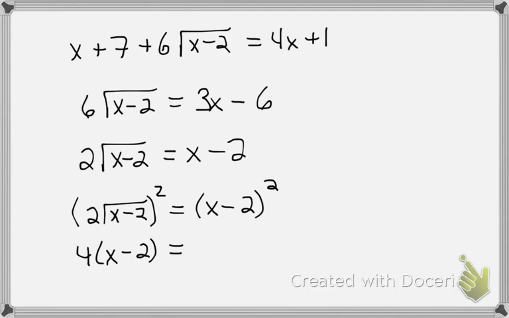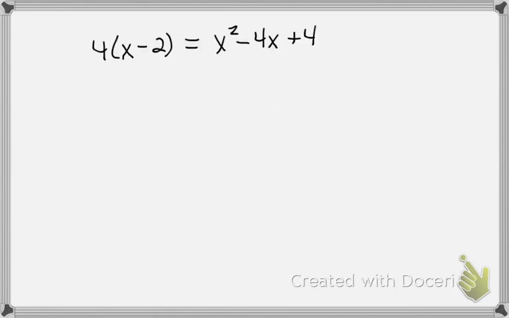The 2's outside, so it squares to 4, and then the square root, when it squares, comes out free and clear. What do we get on the right-hand side? x squared minus 4x plus 4. If you practice that formula, you're as fast at it as she is. So now I'll go ahead and distribute the 4 on the left. 4x minus 8 equals x squared minus 4x plus 4.